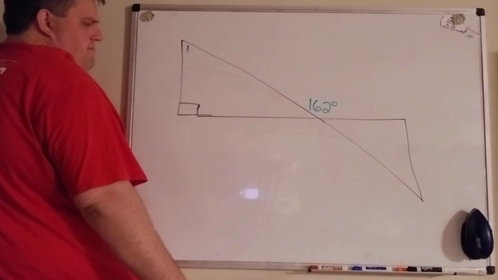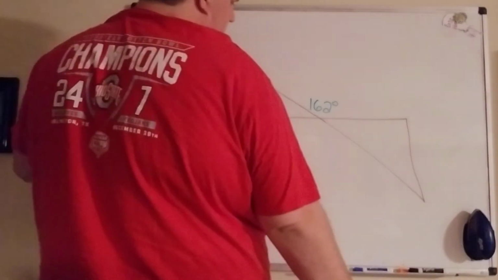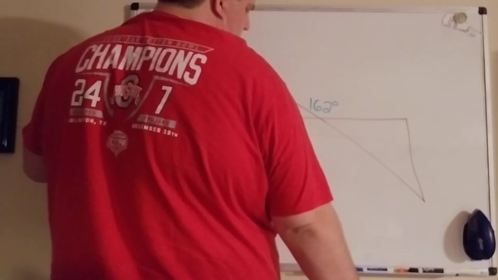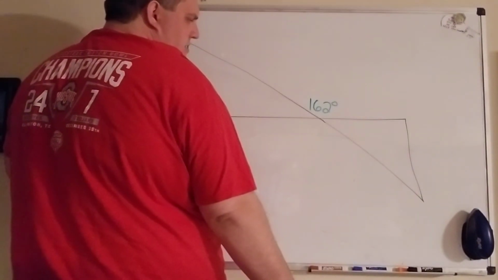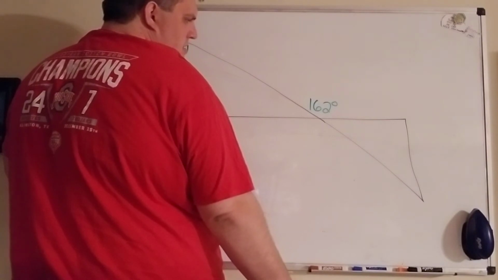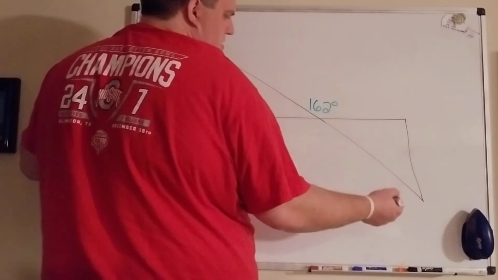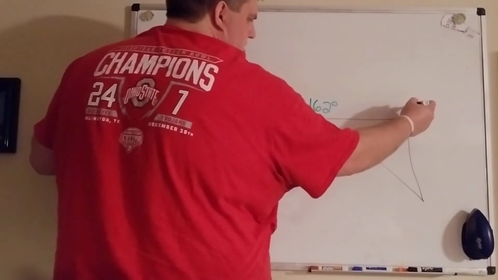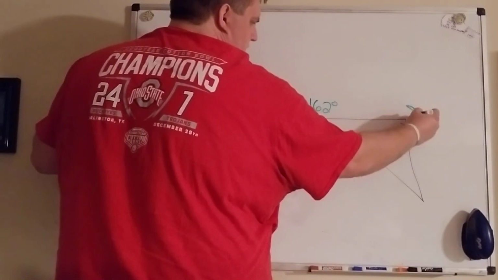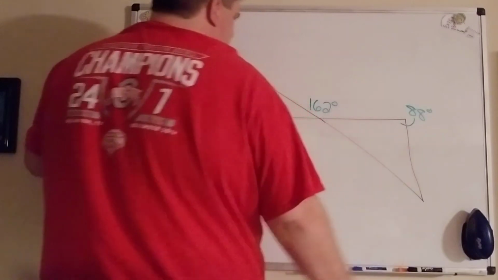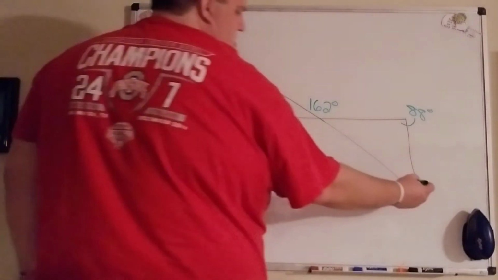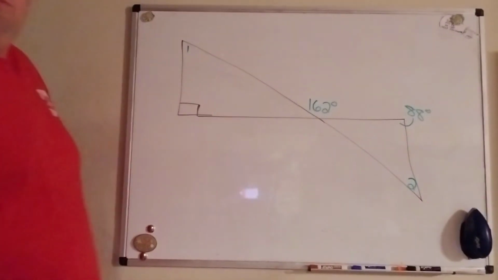Let's make it more fun, shall we? Let's say this one here is 88 degrees. Okay. So they're interesting. And then we'll throw a number 2 down here. Make sure you guys can see that.